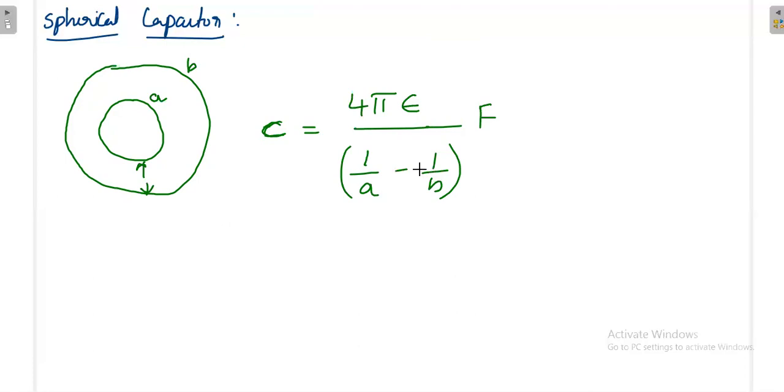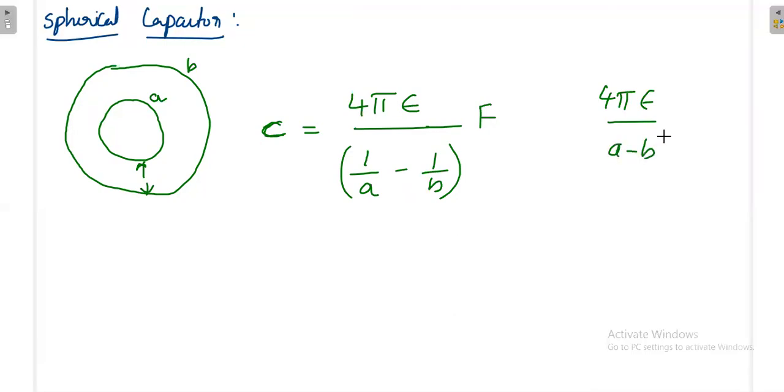Here also you should check whether it satisfies the unit relationship or not. Epsilon is in farad per meter. Here meter is in the denominator, so the meters cancel. So this is farad and this is also farad. Why I'm telling you this is so that in future you do not get doubt like this. You should not write it like this.